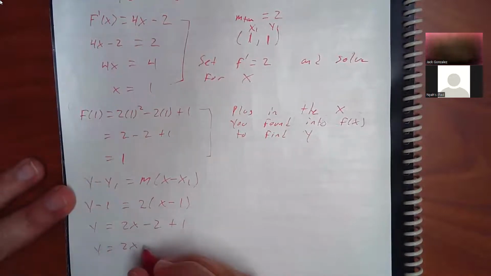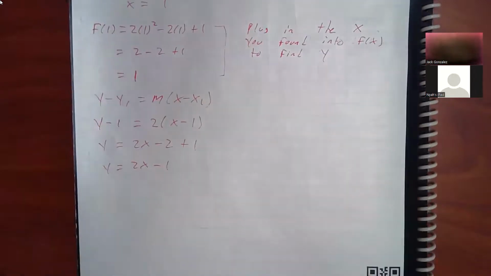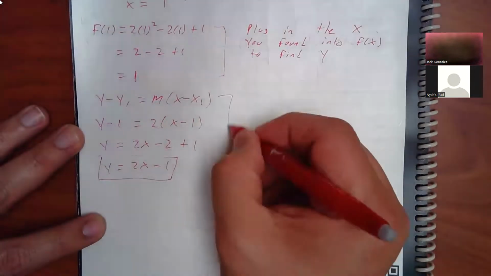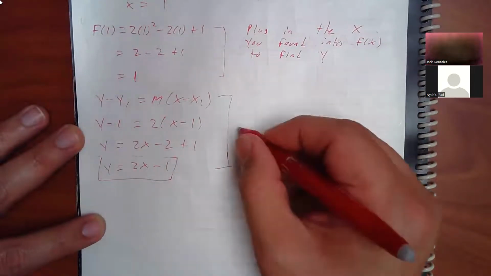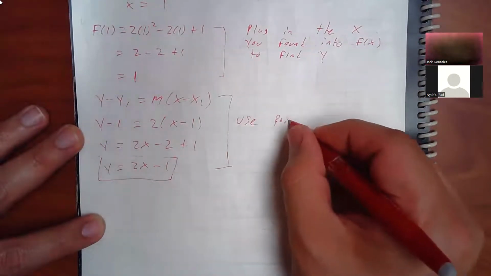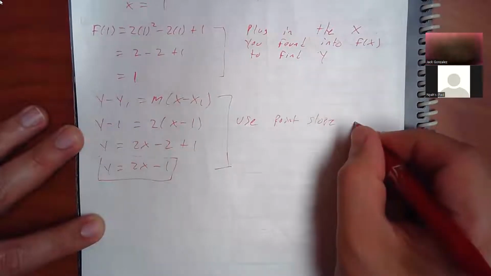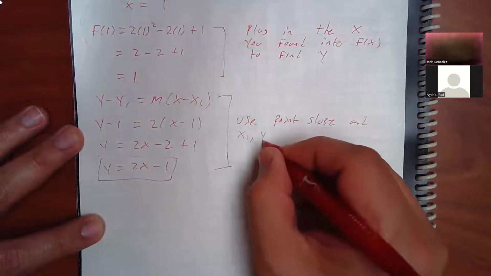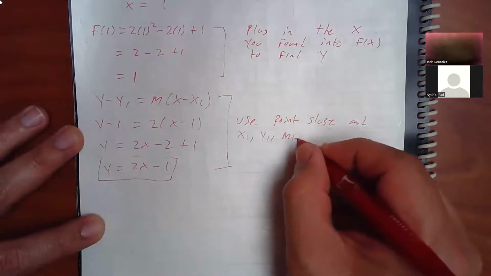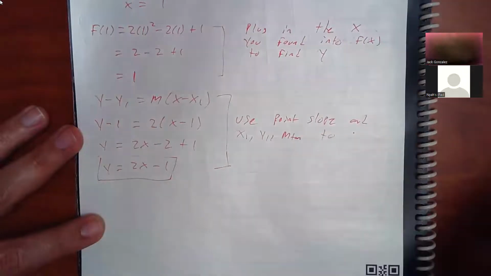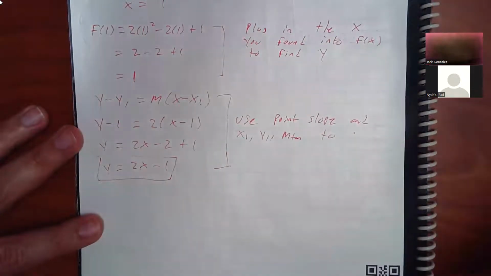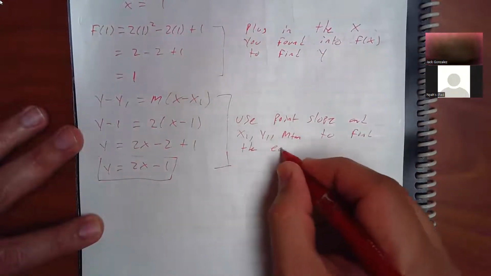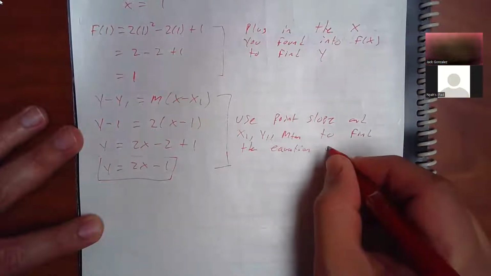Skip a couple of steps here. Use the point-slope form with x1, y1 and the slope of the tangent to find the equation of the tangent.